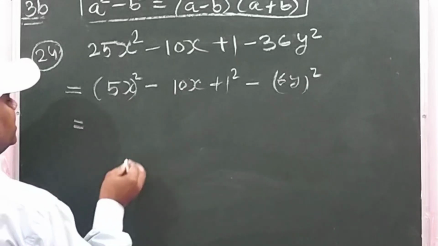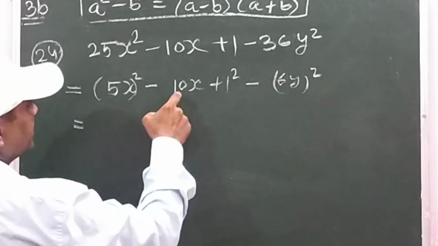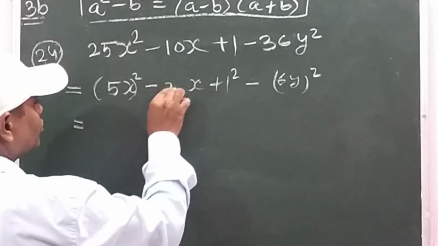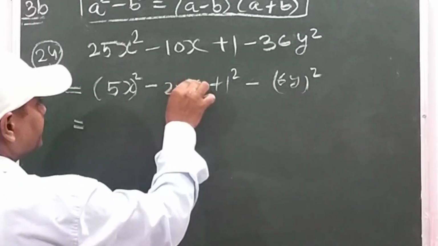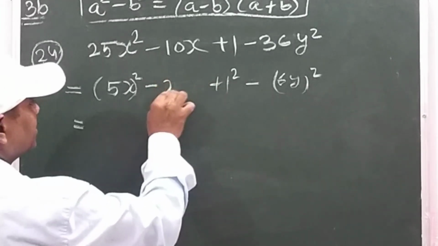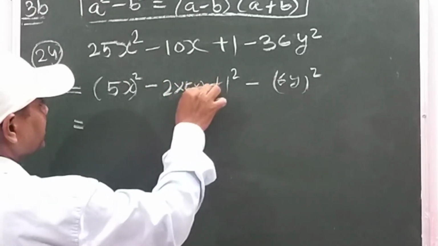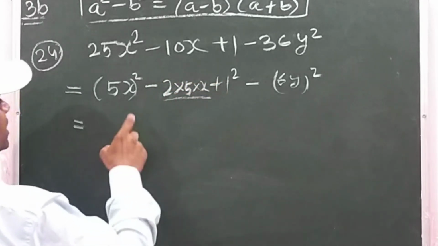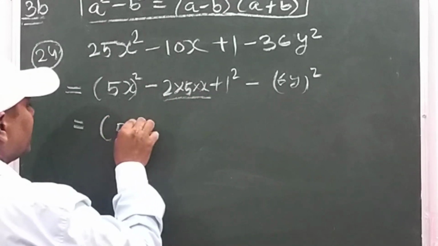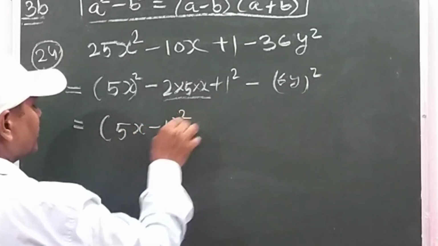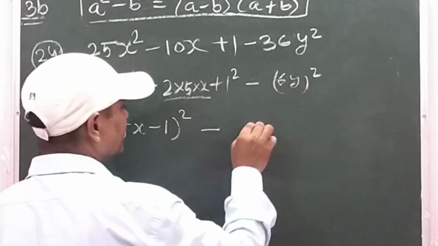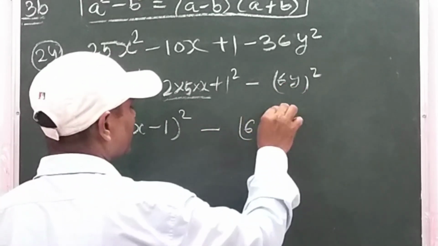If we see carefully, this is 5x square, and if we break this like this, 2 into 5 into x, it is a formula of a minus b whole square. So we can write 5x minus 1 whole square, and minus 6y whole square.